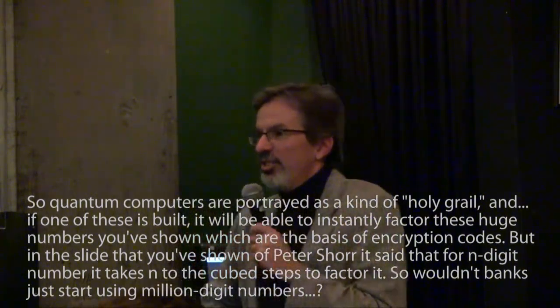Yeah. So it's all about scaling, as we call it. So n cubed is polynomial. If you go back to your math class from high school or whenever, it's just a little exponent that's 3, so I cube something. So that grows fast, but not that fast. Exponential scaling, which is where we live in the current world, grows much, much faster.